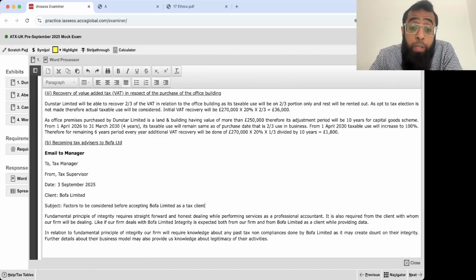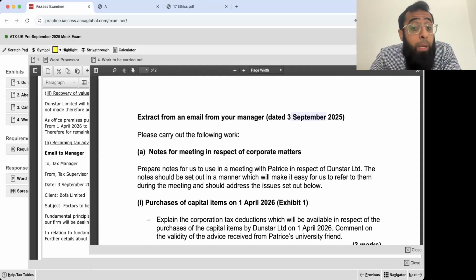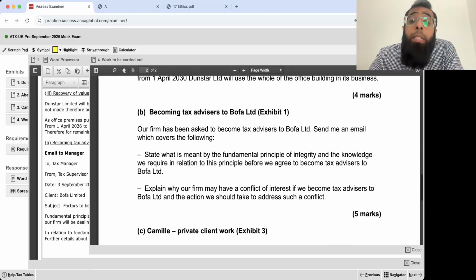See, it's very important that you ensure these email things also. Otherwise, you will lose a simple mark in professional skill. Since it's computer based, you can just press enter and move the data down. So to, from, date, client, subject, a routine thing.